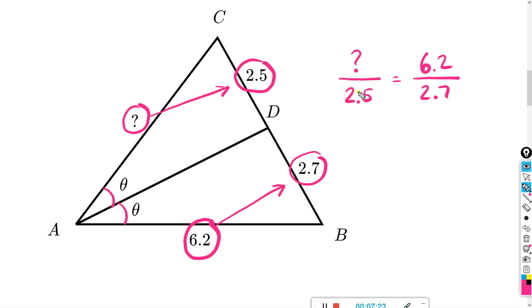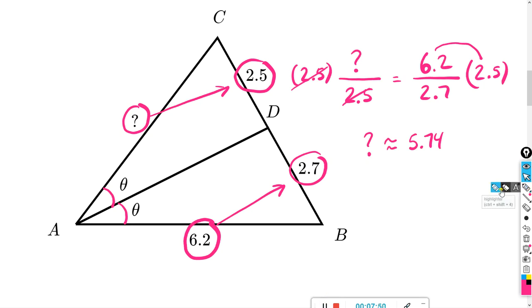The opposite of dividing by 2.5 is multiplying by 2.5. So we do that to both sides. On the left side it cancels. On the right hand side, this is in the numerator. So 6.2 times 2.5 divided by 2.7.